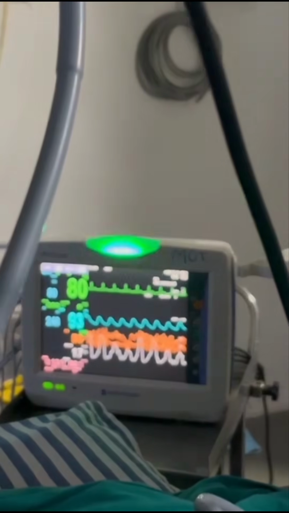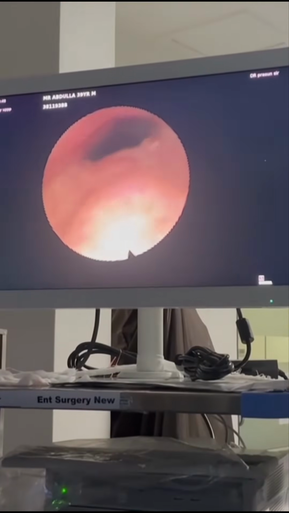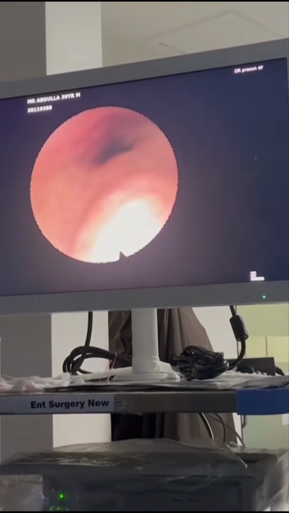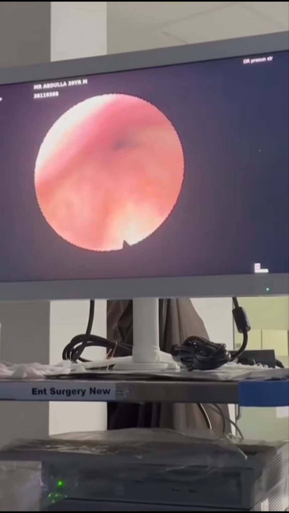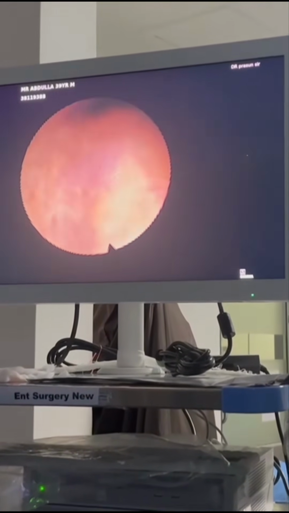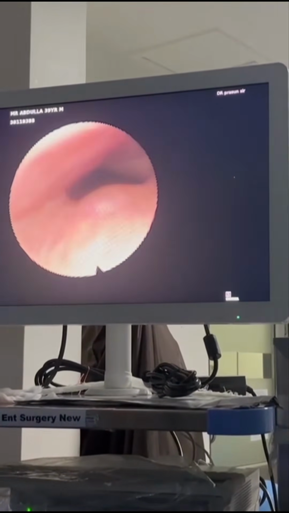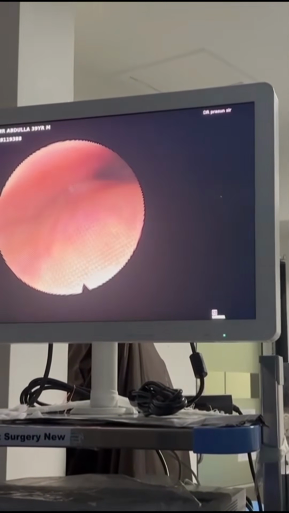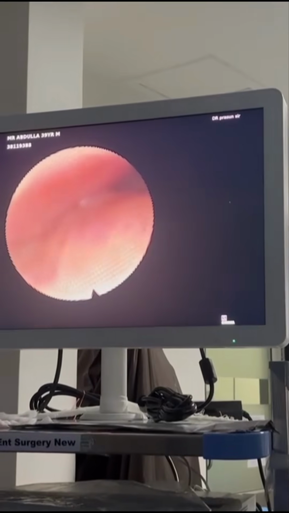As such, we can see a concentric narrowing at the level of the oropharynx. This is at the level of soft palate still. We can see uvula. We can see an antero-posterior collapse happening as the patient is in sleep.